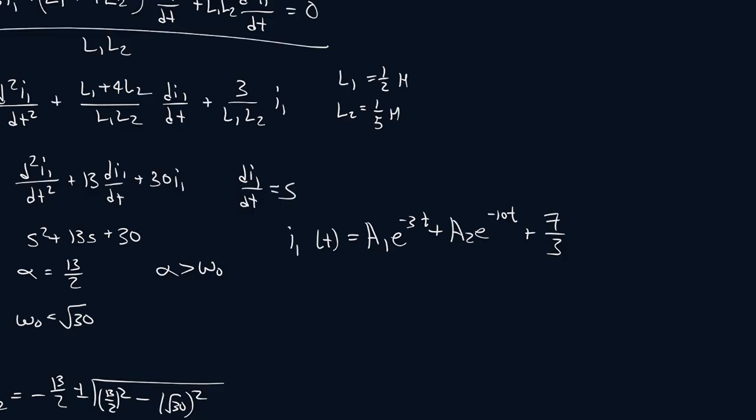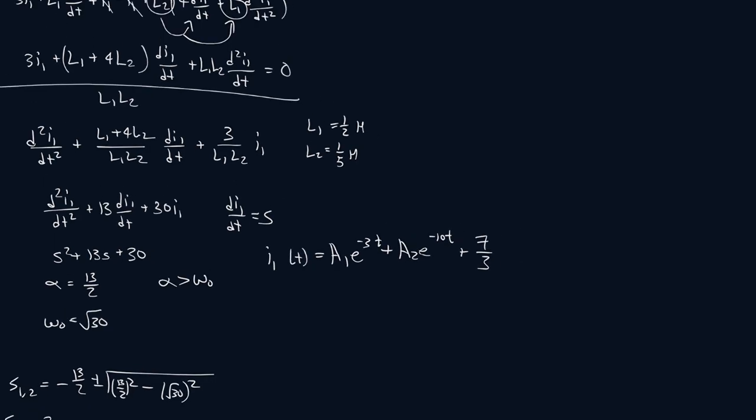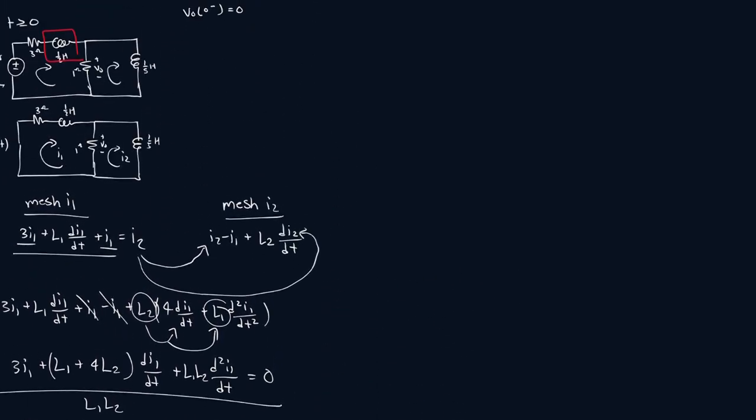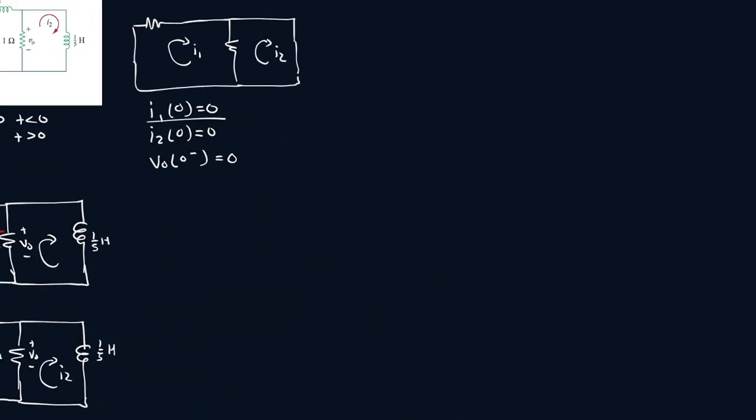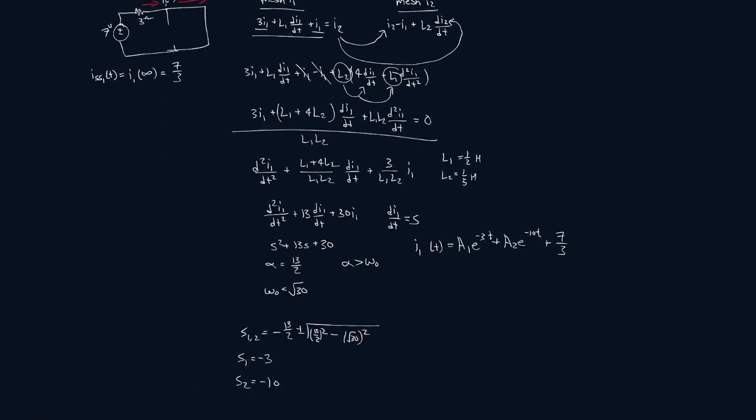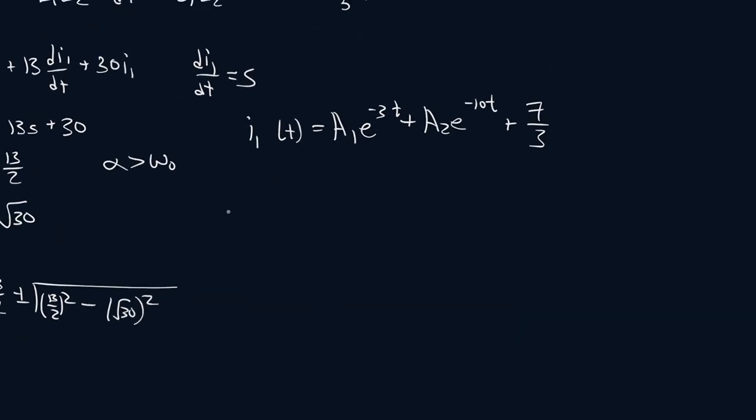And now we can solve for A1 and A2. Recall, when t was 0, I1 was 0. So we can plug that in here. This is gone, this is gone. Let's bring the 7 over 3 to the other side. Okay, that's good.